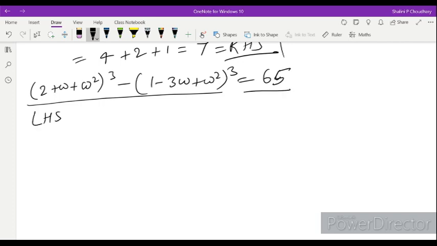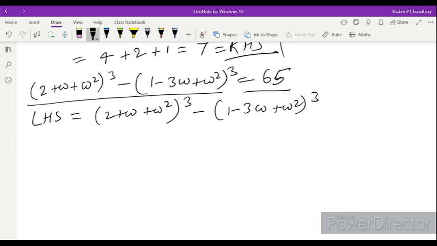So LHS will be equal to (2 plus omega square) whole cube minus (1 minus 3 omega plus omega square) whole cube. Can we write this 2 as 1 plus 1 plus omega square? And 1 plus omega square, this value will be equal to 0.